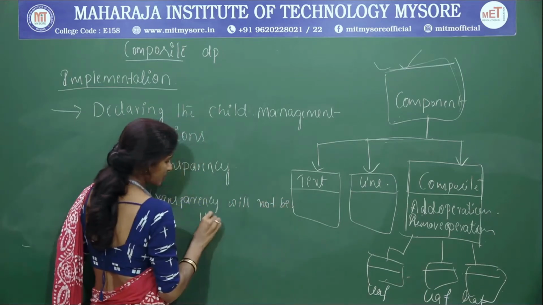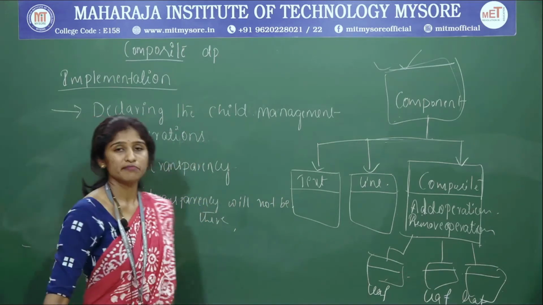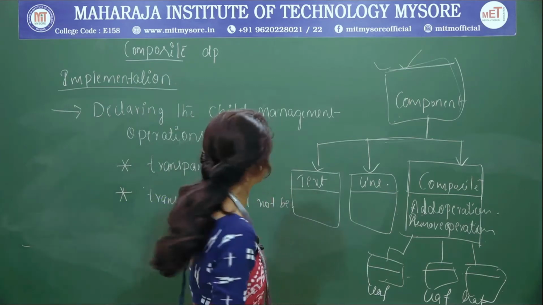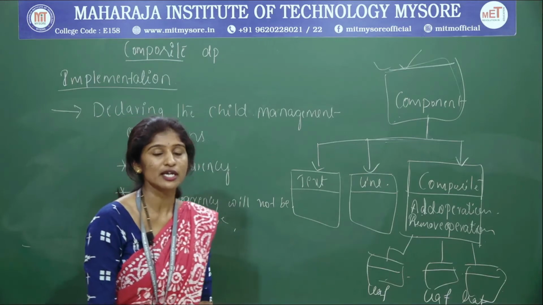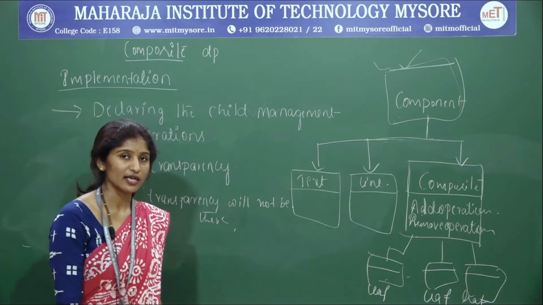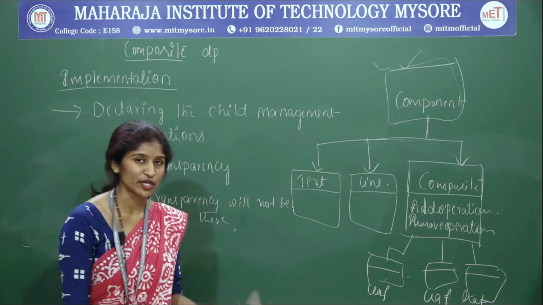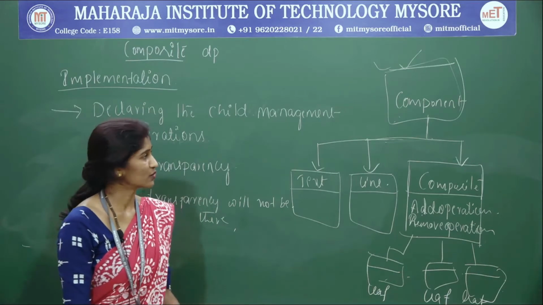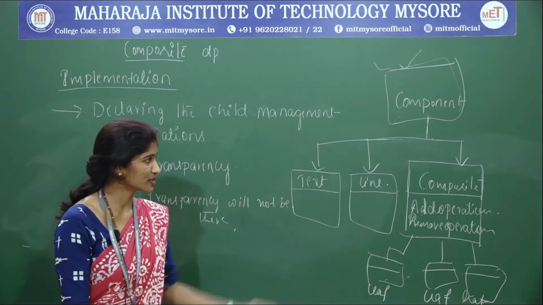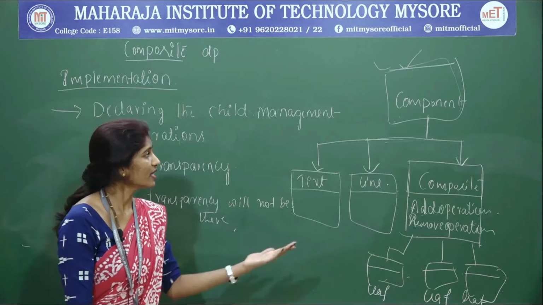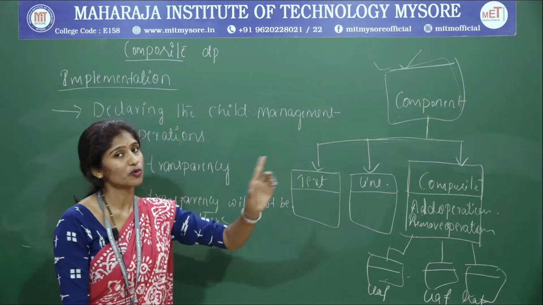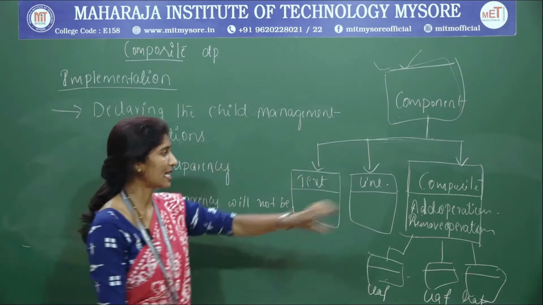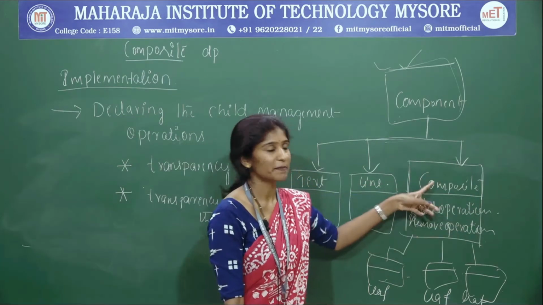So there are two things you can consider with this issue, that is declaring the child management operations. In order to manage the child, to whom can I assign the operations related to the child? One thing, I can assign them to the composite class, or I can assign them to the component class itself. Here the composite class is a design pattern.